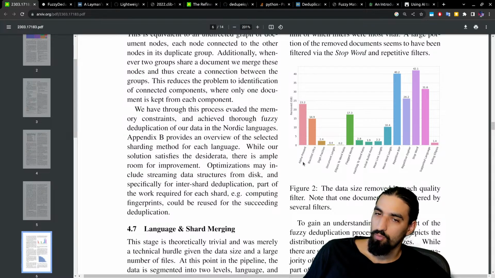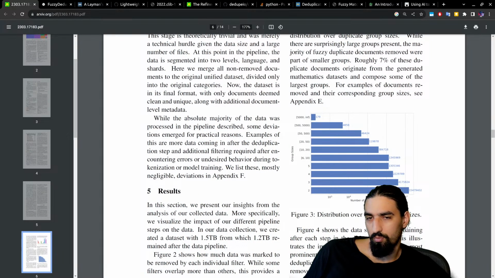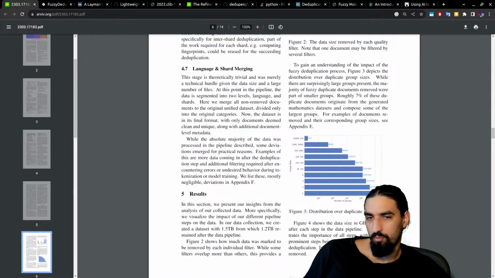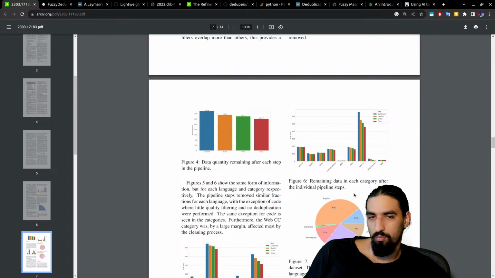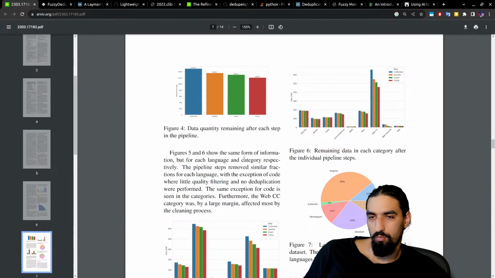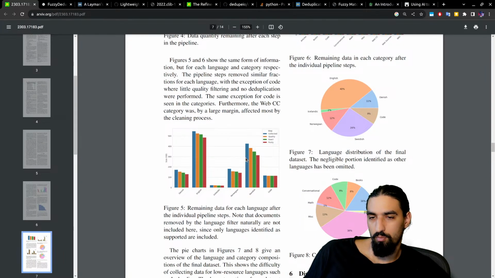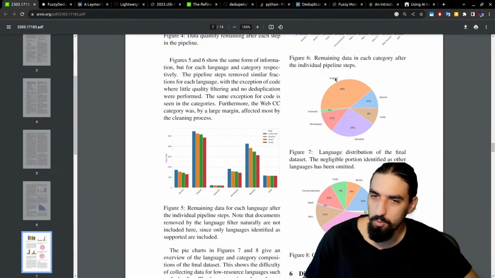Data removed. Language distribution of the final data set.